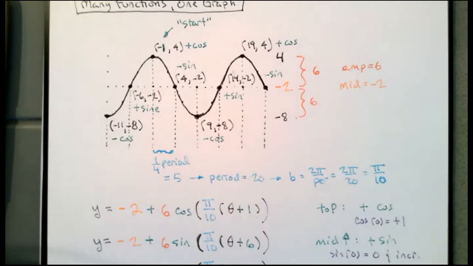Choose a middle and an amplitude. Choose a starting point and a quarter of a period to fill out all the points. Then think about what information you could give to someone, what 2 points you could give them, that they could use to figure out the rest. And that's what the four discussions are. Any questions?